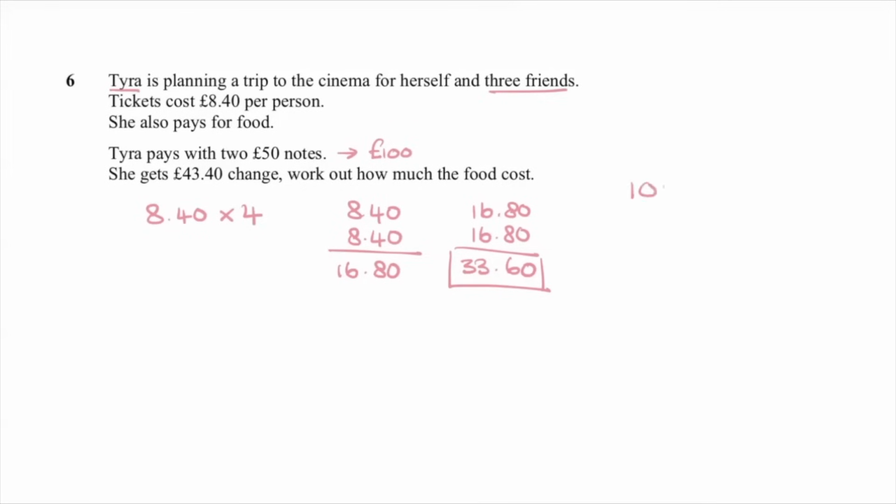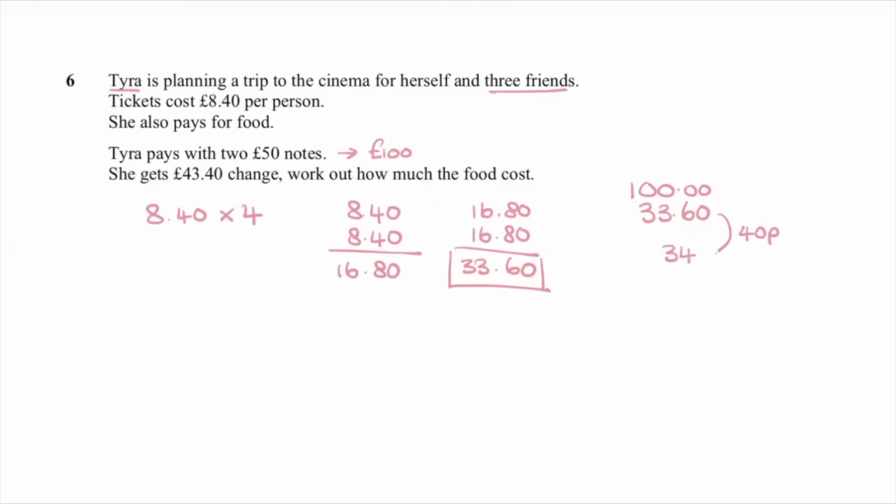Now I've got my £100. The tickets are going to come off of that. Now that's £33.60. So if I add that in, that's quite tricky with all those zeros. I actually prefer to do a count up method. So if I added 40 pence, I would be at £34.